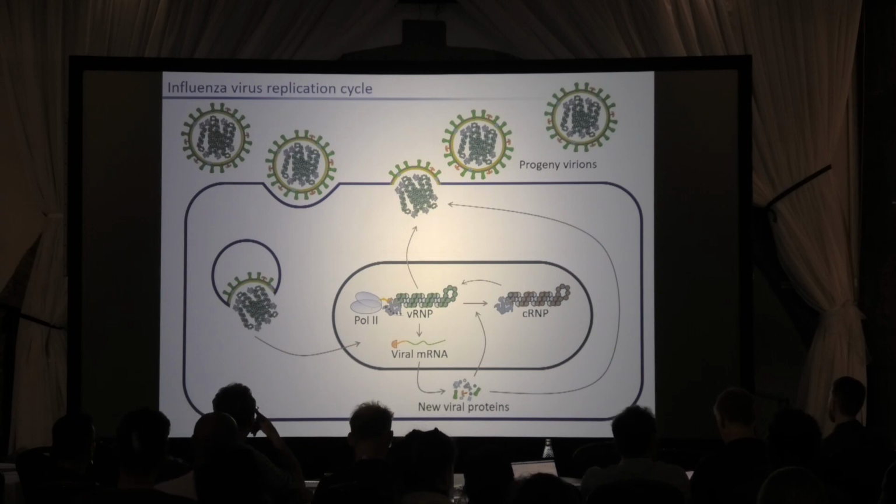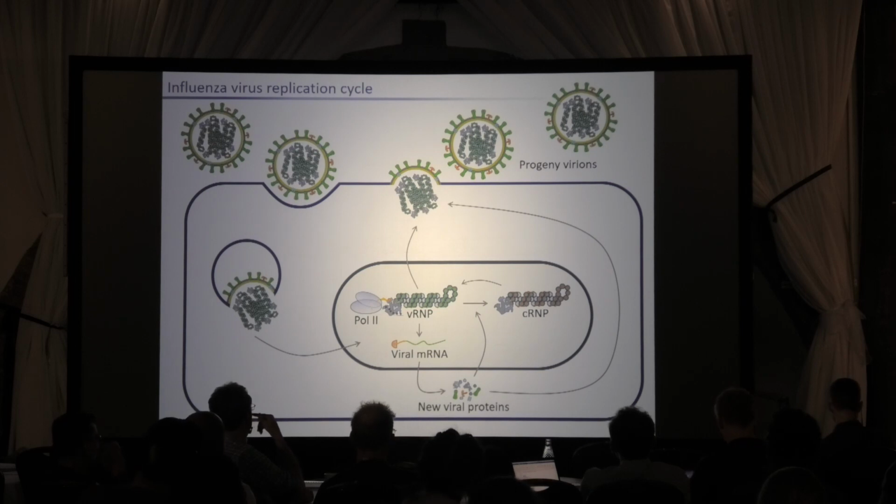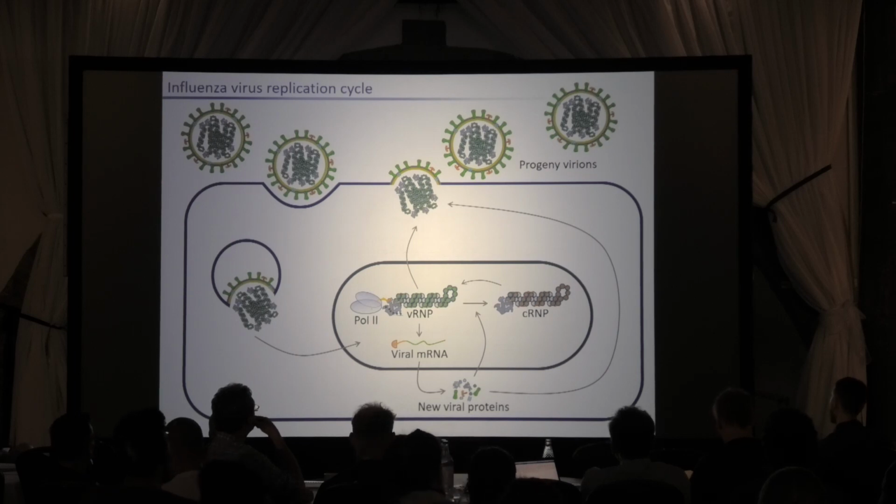The polymerase has to do 2 related things. It has to transcribe viral messenger RNA, and in order to do that, the polymerase binds to the CTD of Pol II and is there ready to capture cellular RNA.